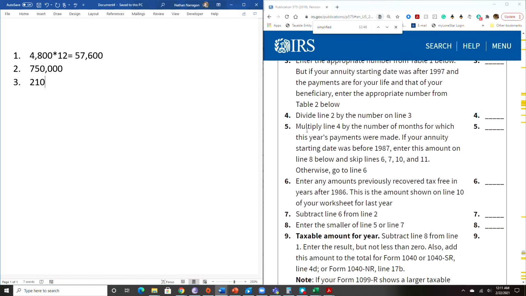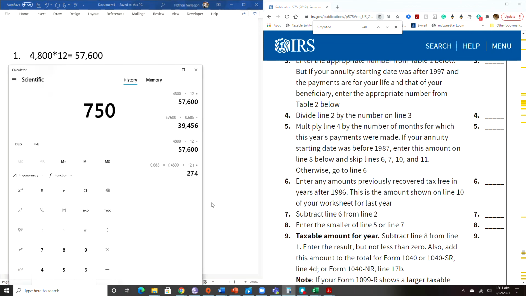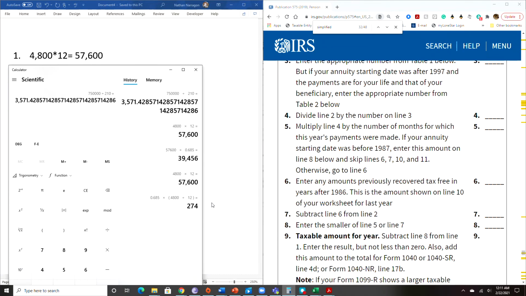Okay, it said divide line 2 by the number on line 3. So line 4: we're going to take 750,000 divided by 210, which gives us 3,571, and we're just going to round it to whole dollars.